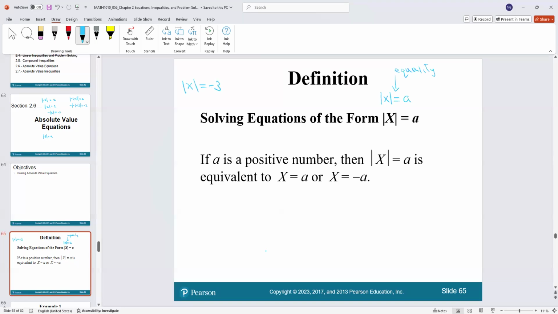So if a is positive, then the absolute value of x equal a is equivalent to x equal a or x equal -a, because we don't know what the number was before the absolute value. Remember, the absolute value of -2 is 2 and the absolute value of 2 is also 2.